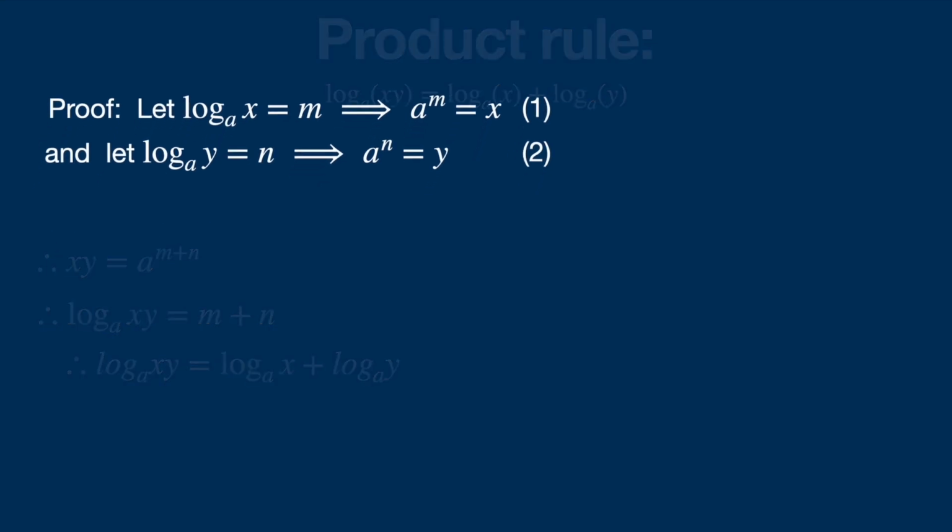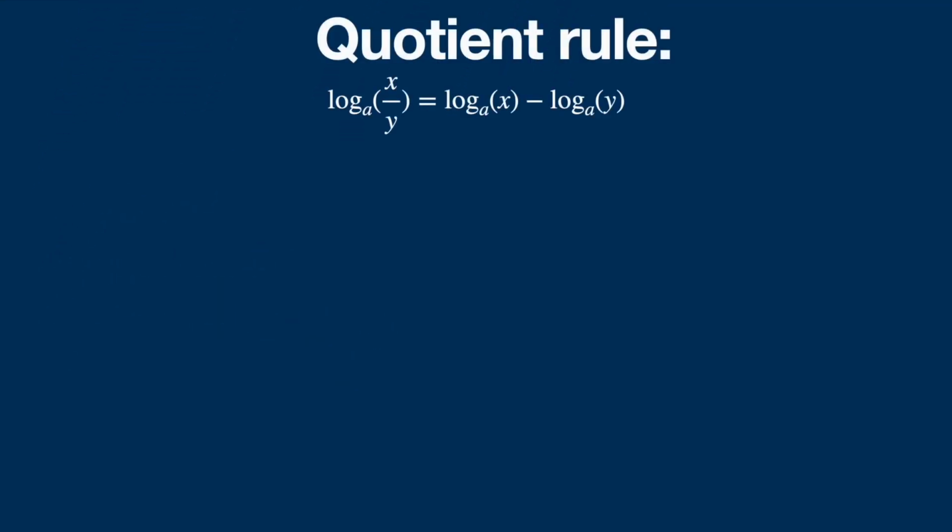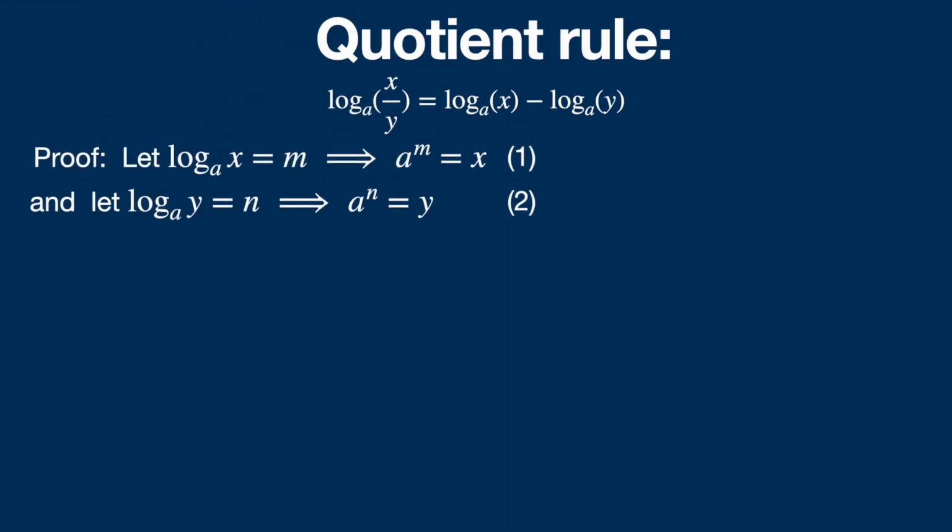The quotient rule states that the logarithm of a quotient is equal to a difference of logarithms. Now the quotient rule is very much the same as what we previously did. Therefore we can use the same results. x divided by y is the same as a to the m over a to the n, which simplifies to a to the m minus n.